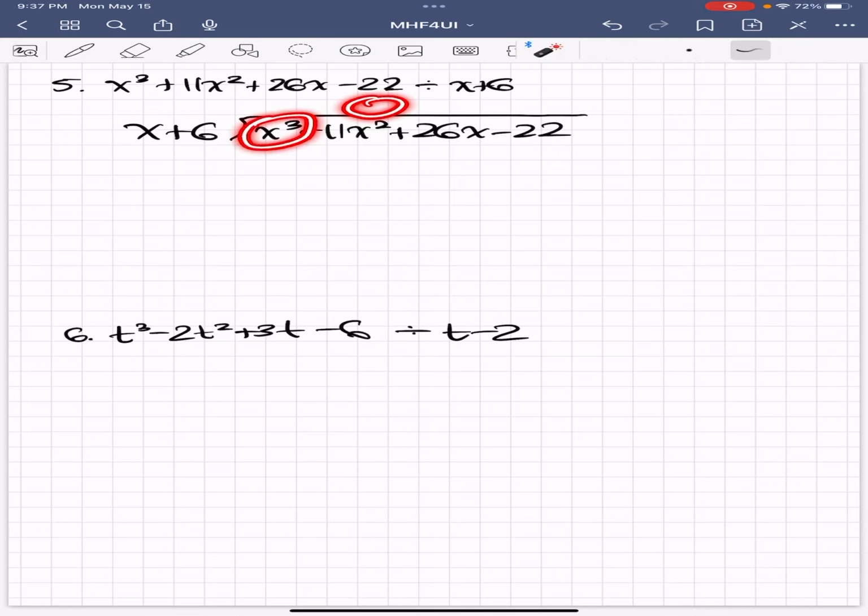What multiplied by x gets you x to the power of 3? X to the power of 2. And then we just multiply these two numbers to get this number.